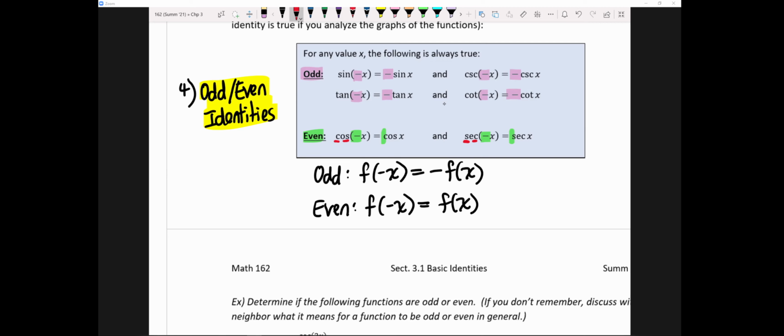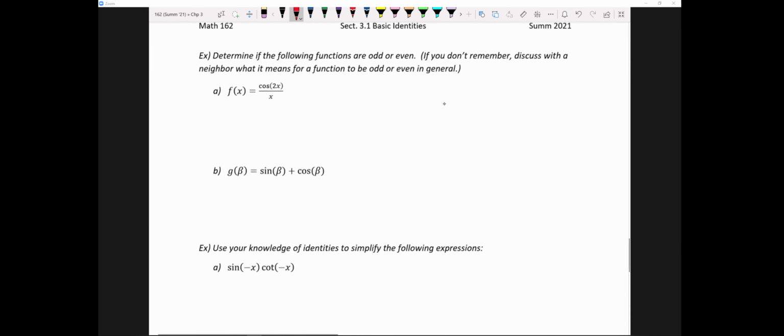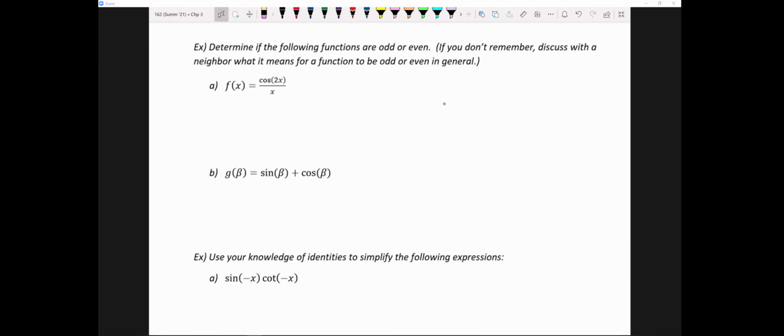To determine whether a function is odd, even, or neither, we have to negate the input. So this is a strategy.